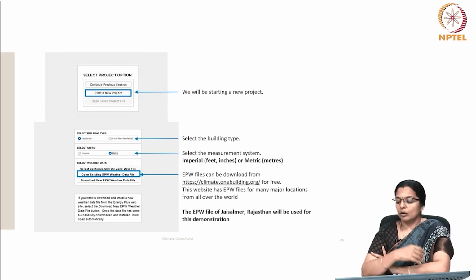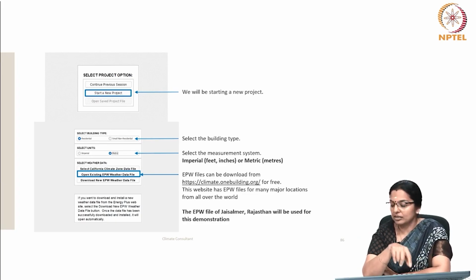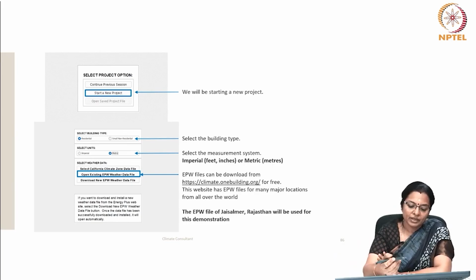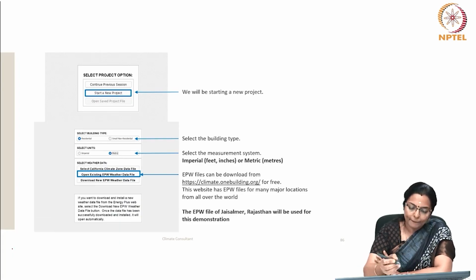Then here what you need to do is, after pressing next, you will get this image on your screen. Here you need to start a new project. Press start a new project if you are using Climate Consultant for the first time.